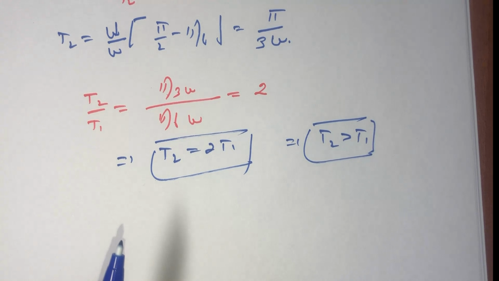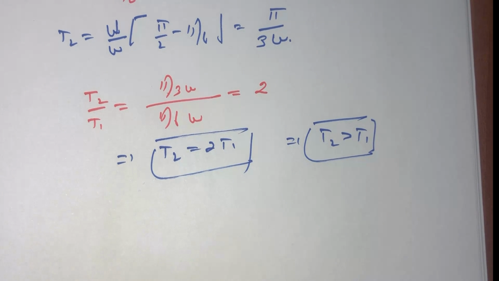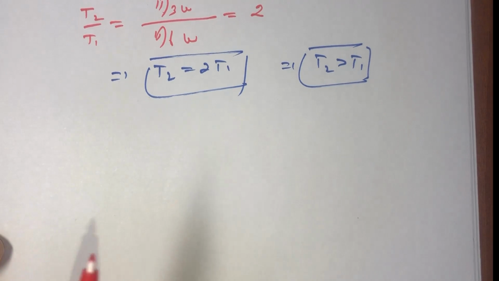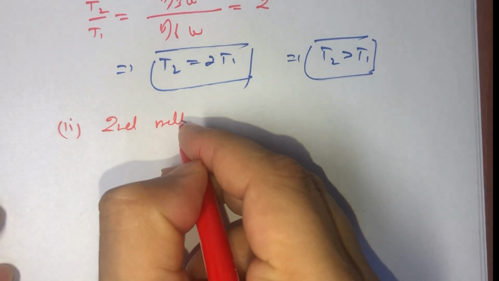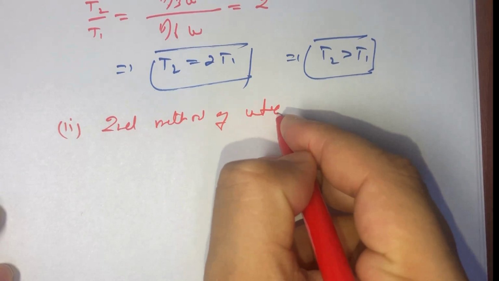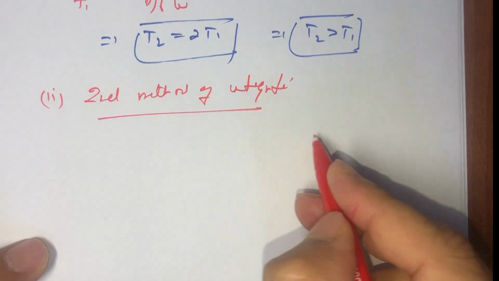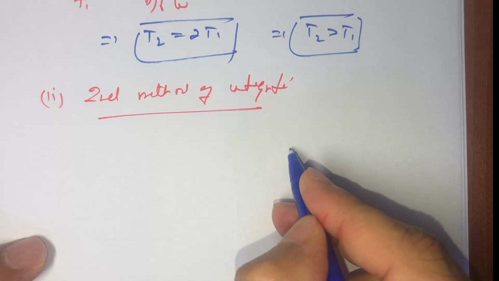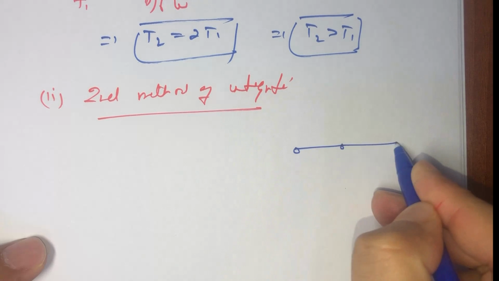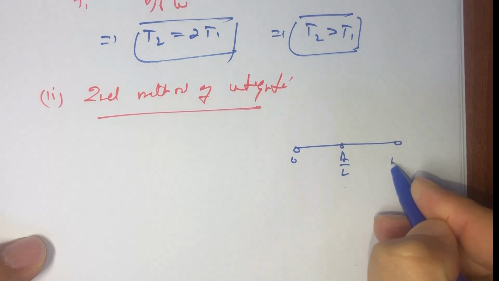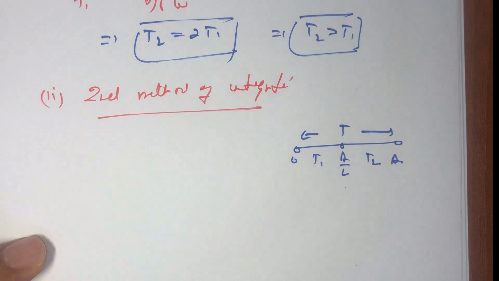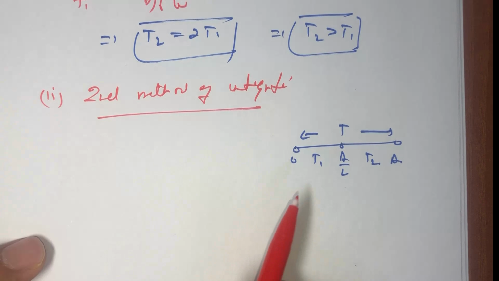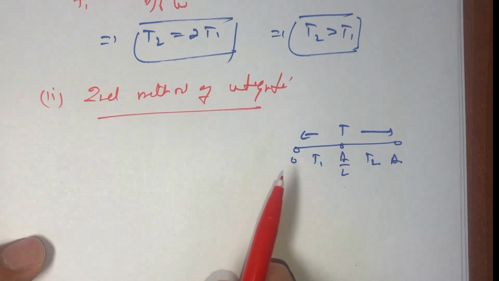Now, the second method. So we already know that the particle starts from O to A by 2 and A. So this is O, this is A by 2 and A, this is t1 and this is t2, and total time is taken as t.